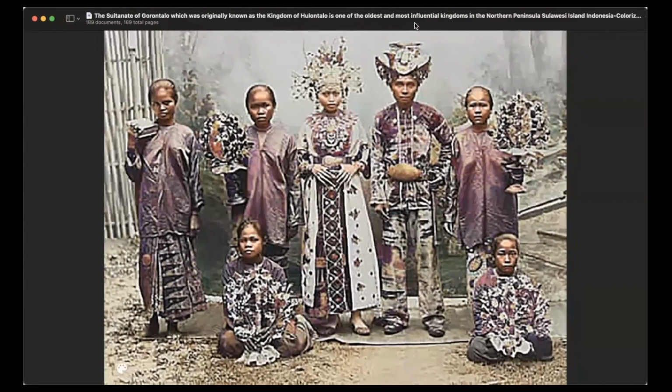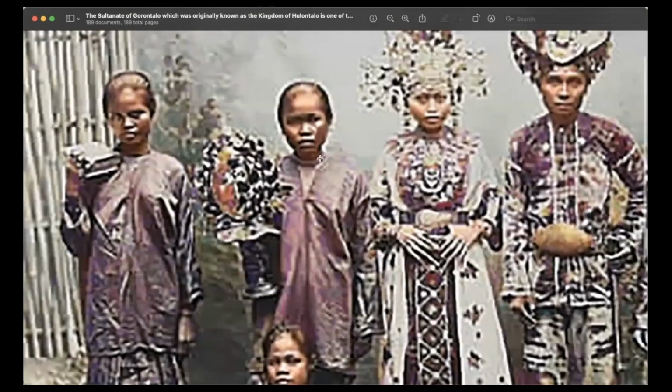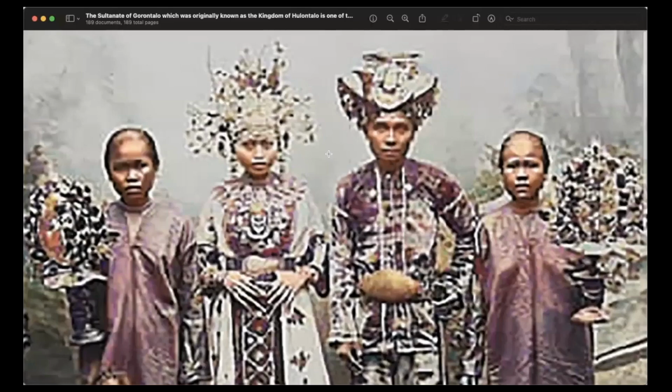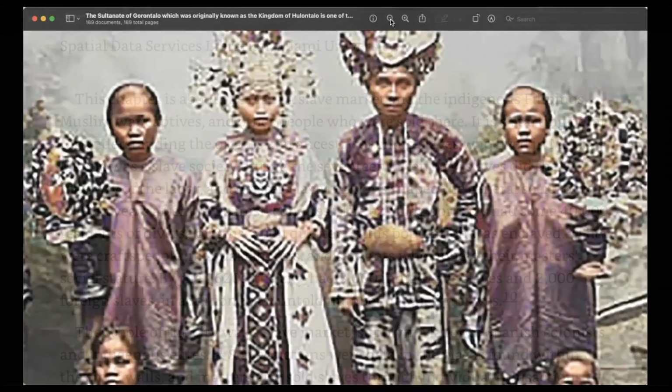Who do these people represent? One of the oldest kingdoms in Indonesia. Look at that, so swarthy. Indigenous people.